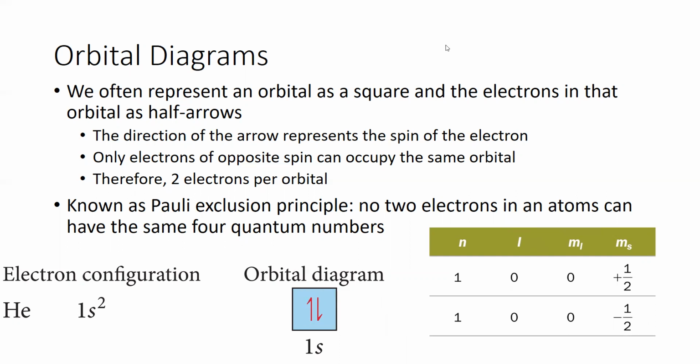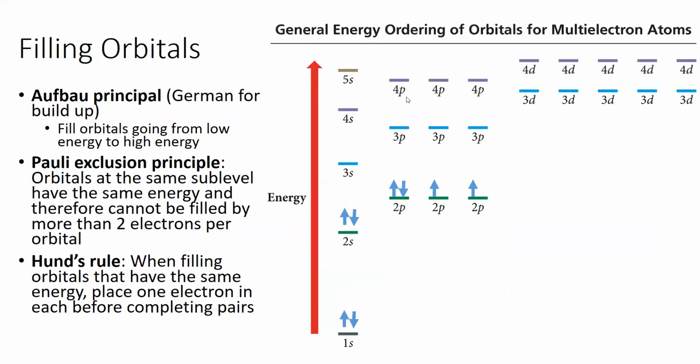All right. Here's a big orbital diagram where we have up to the 5s shell. We have some other principles we need to know to fill this out correctly.